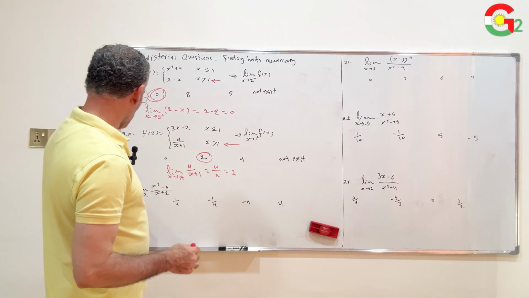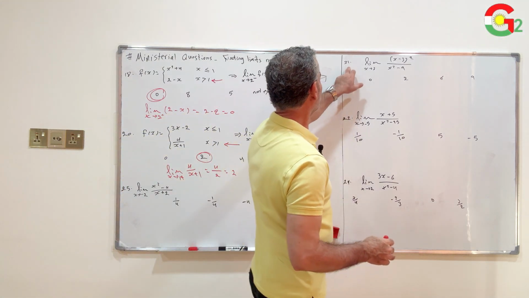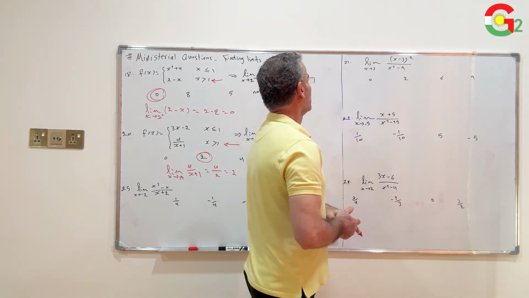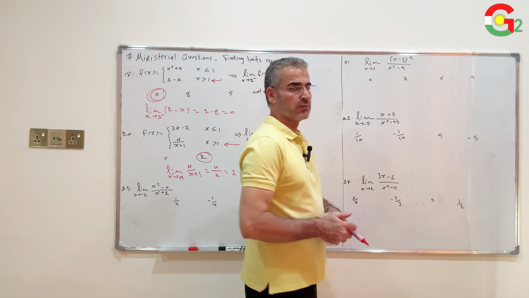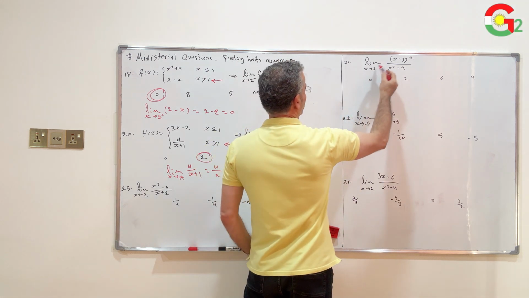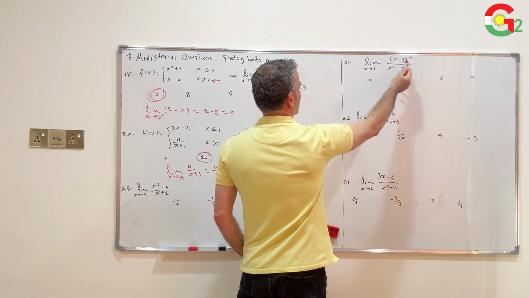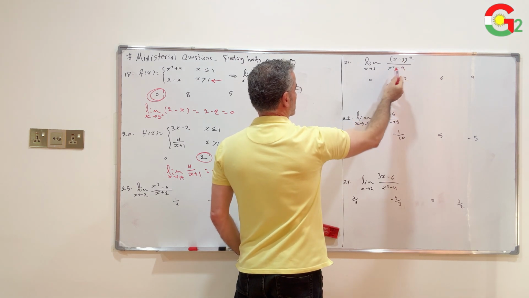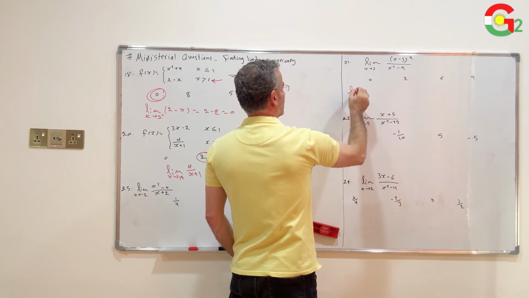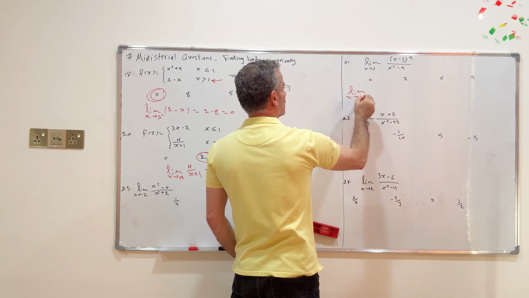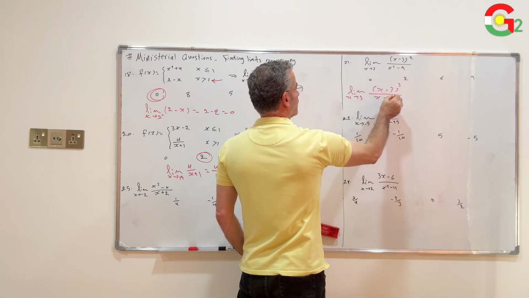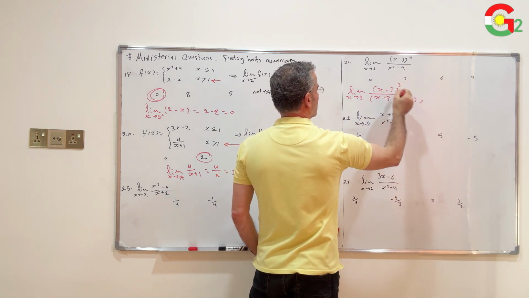Question, I'll return back to 21. Find the limit x approach to 3 for x minus 3 power 2 over x power 2 minus 9. If you substitute directly, you will find the answer is 0 over 0, but if we analyze the denominator, difference of 2 squares, then we get x minus 3 times x plus 3.